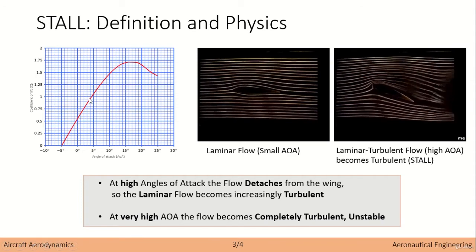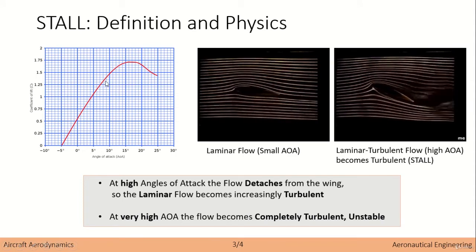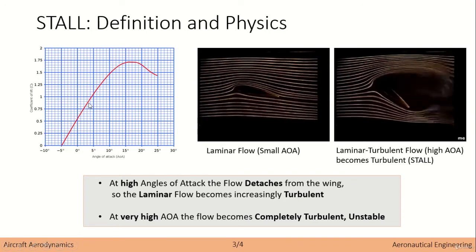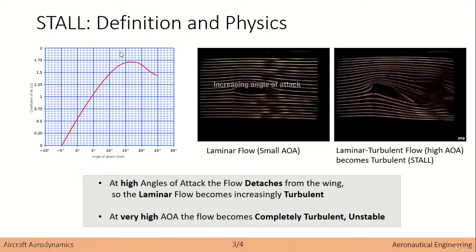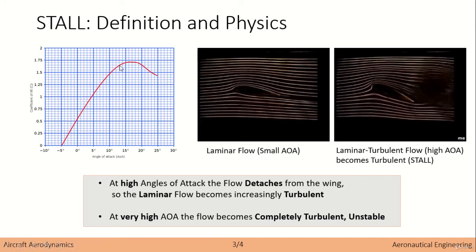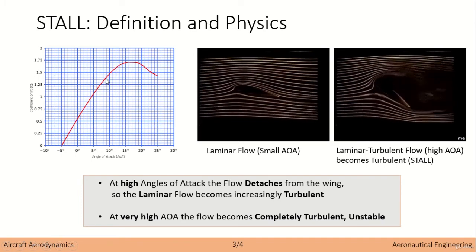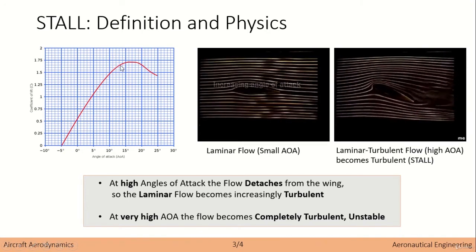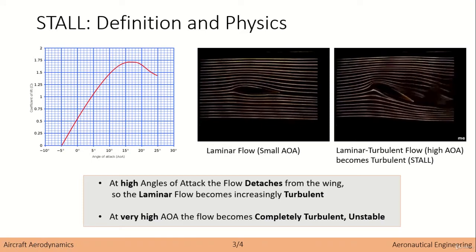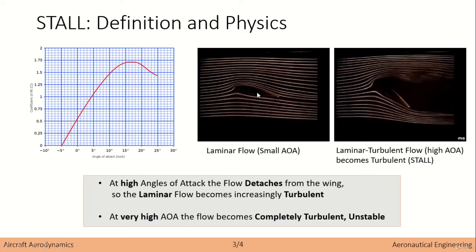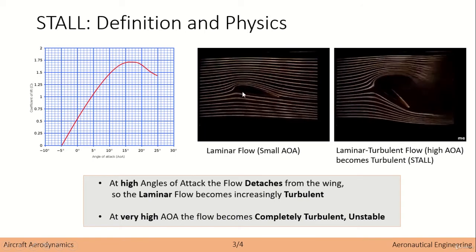However, when the line starts to diverge from this linear direction defined at low angles of attack, you can see that some turbulent flow is actually appearing. Now, this turbulent flow is relatively small, and it won't affect the overall lift because it is a small proportion of the total amount of flow which is flowing around the airfoil.